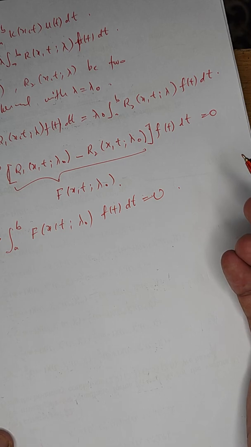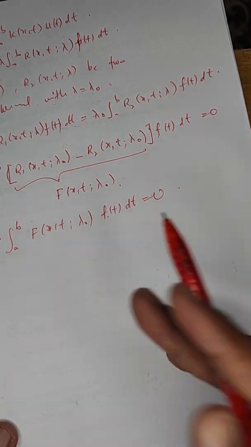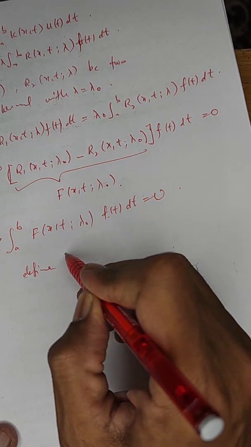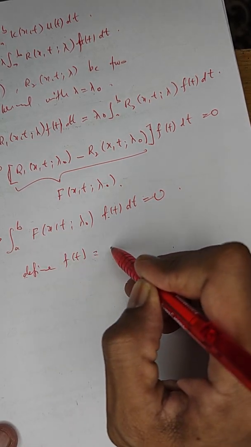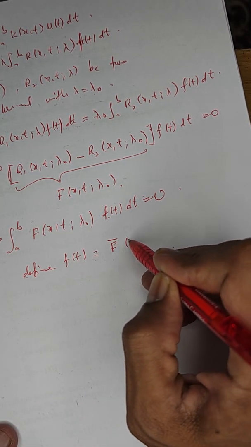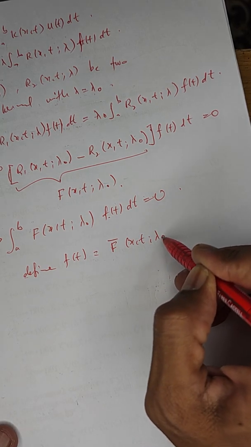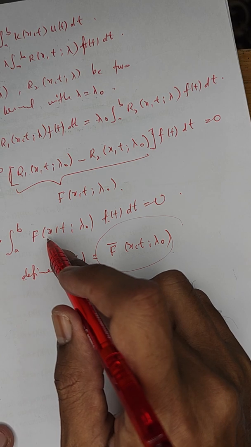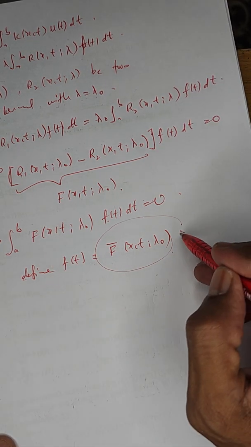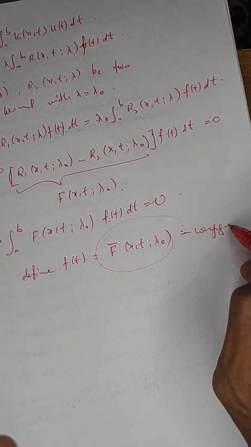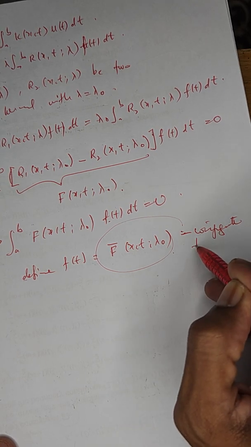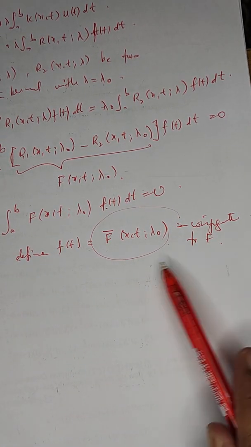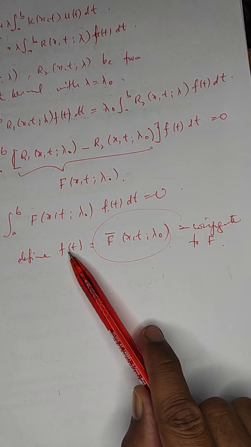Then, because f is an arbitrary function, we can define f t as the conjugate of F x t lambda naught. We can do this because f is an arbitrary function.